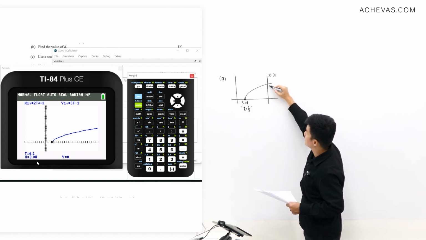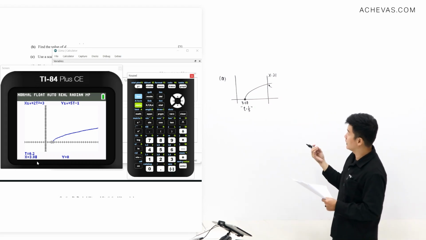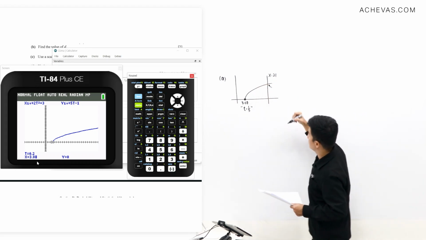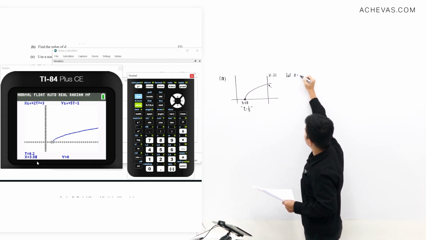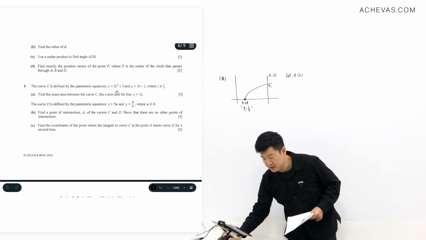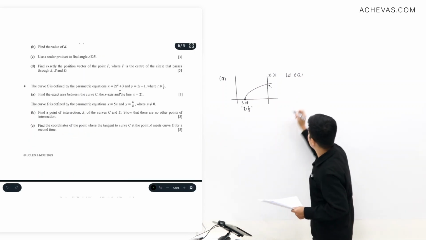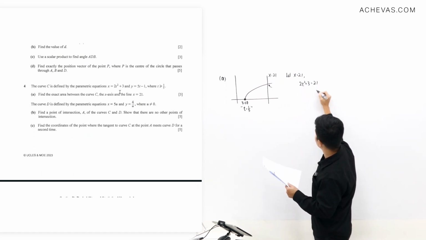We do need to find the t at this particular point in order for us to use integration to find this area here. So to do this, I am going to let x be equal to 21 for the parametric equation that is given to us. So it will be 2t squared plus 3. This is equal to 21.